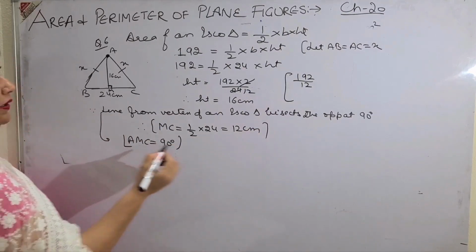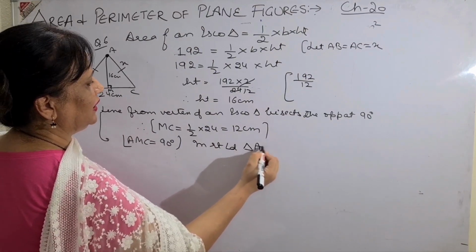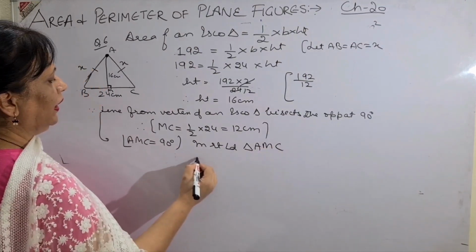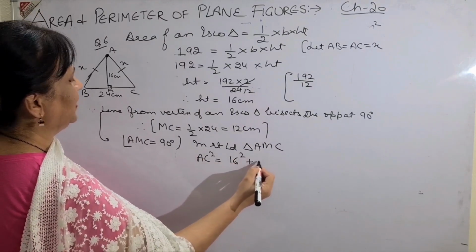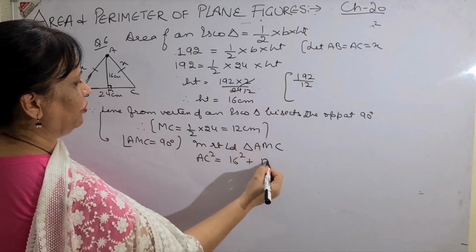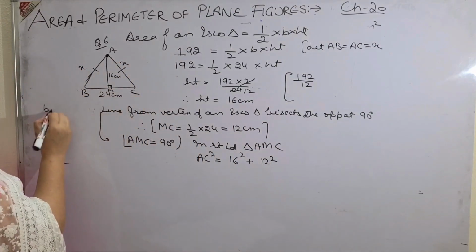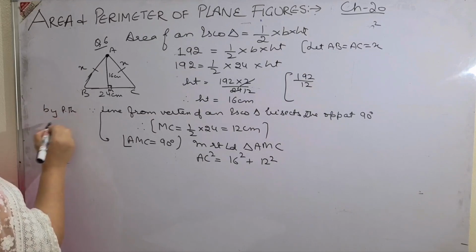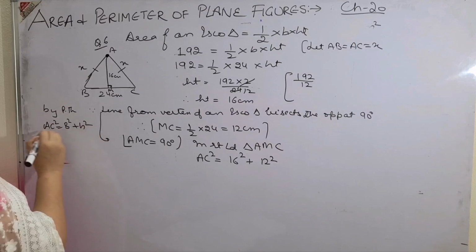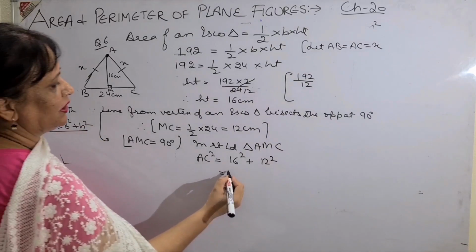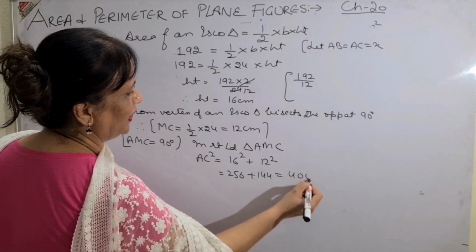Now we will use it in right angled triangle AMC. AC square is equal to 16 square plus, of course, 12 square. AC square means AM square plus CM square. By Pythagoras theorem, AC square is equal to base square plus height square. You have done this so many times. So this is 256 plus 144, that is 400.